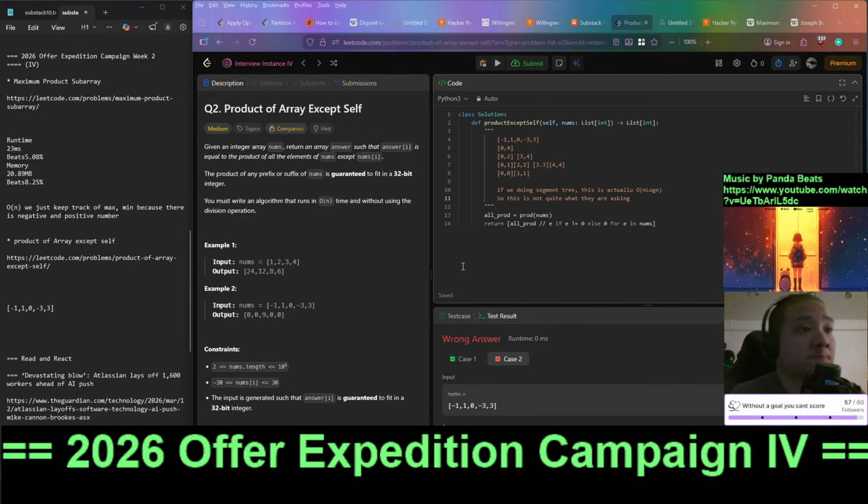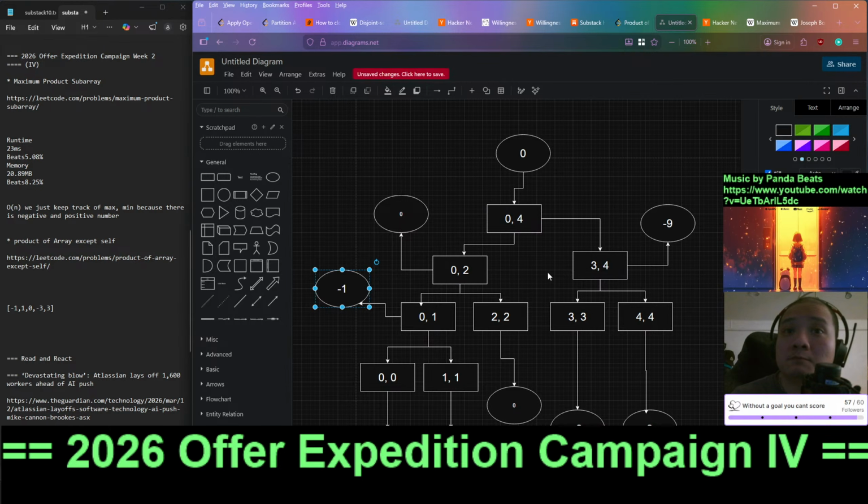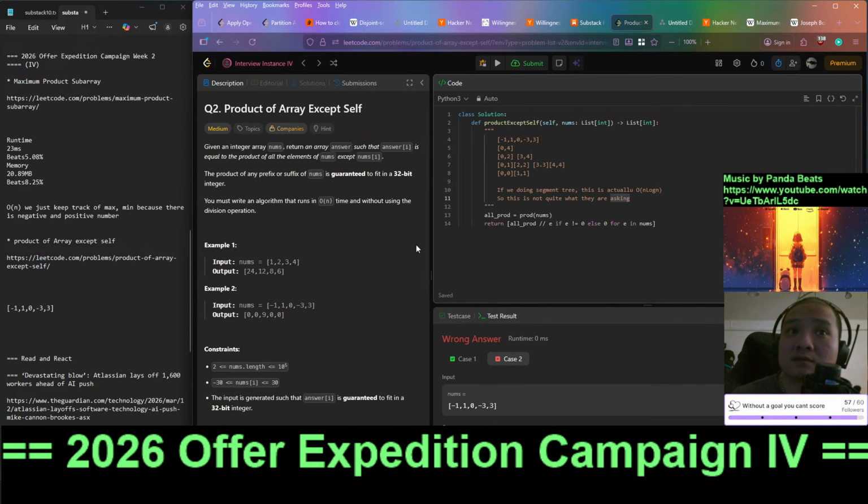As you can see here, we still have to search for the one on the left, the one on the right. But if somehow we know the sum, right? So let's say we have the sum up until this point, right?